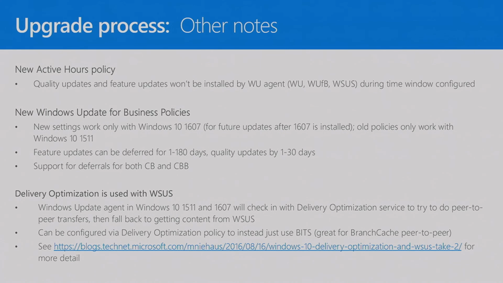That can be set interactively. That can also be set by policy. So you can use a group policy to set that. If you do that through the UI, I believe it limits you to specifying, I think it's a 12-hour window of active time. But if you set it via group policy, you can stretch that to even longer periods of time if you want.